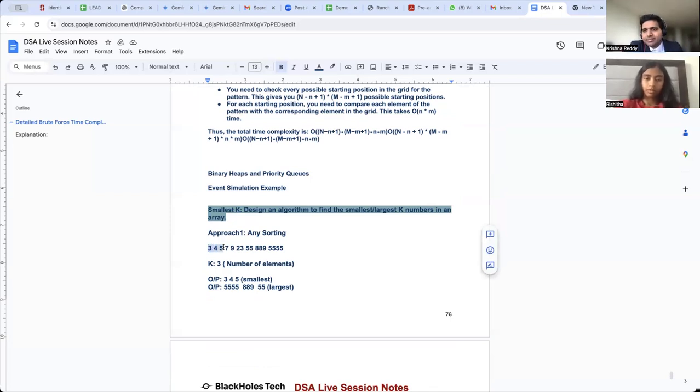That's it. If you need the largest, you use a max heap and delete the root node 3 times. As simple as it is. That's the application of heaps.